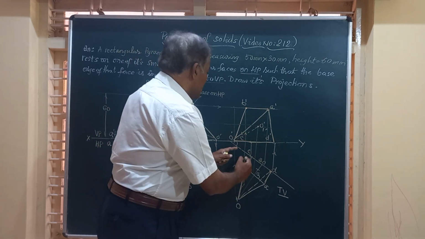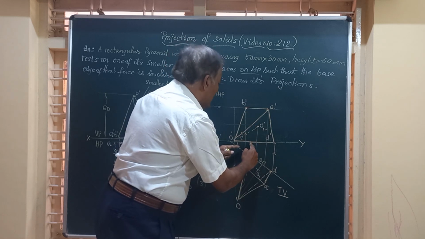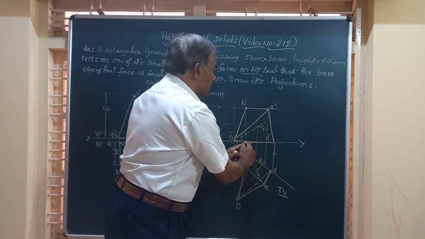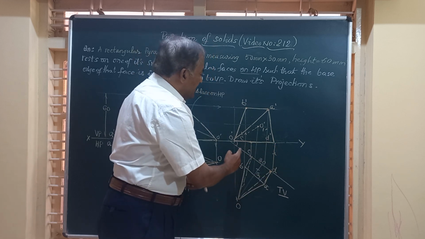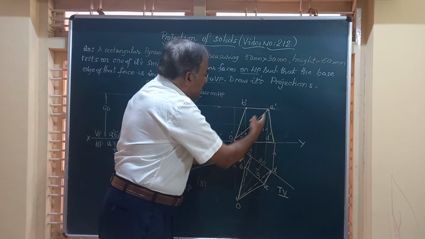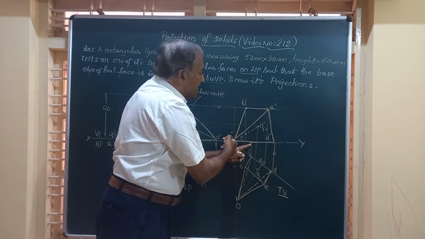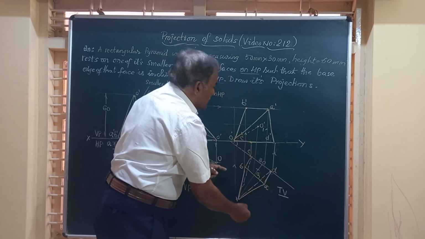And friends, here A to B is joined, B to C to be joined. The C is here, D is here. What happens when you are joining B to C, like our A to B? It is intersecting with O dash, A dash, which is already a full line because that is nearer to the observer.